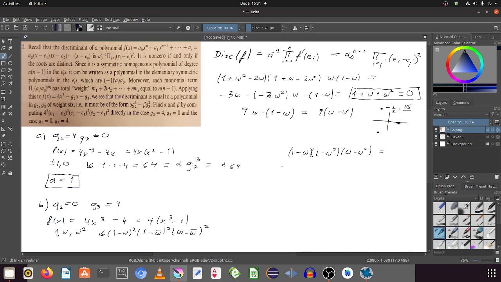So first these two, 1, and this gives unity. So it's 3.